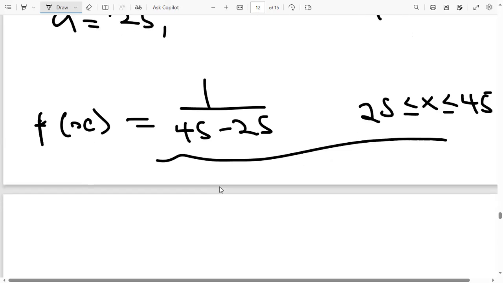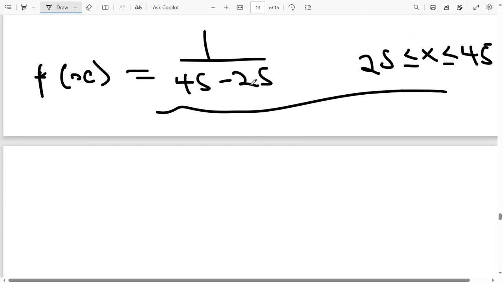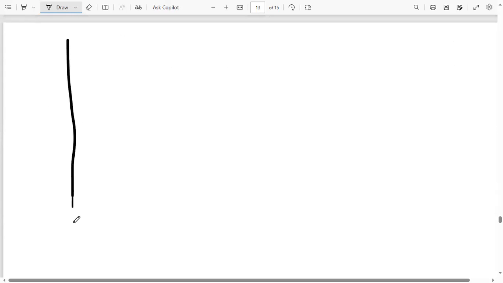Then they're saying sketch this. So how do you sketch this? You just draw a rectangle starting at 25 and ending at 45 with a constant height of 1 over 20, because when I subtract this, I'm going to get 20.